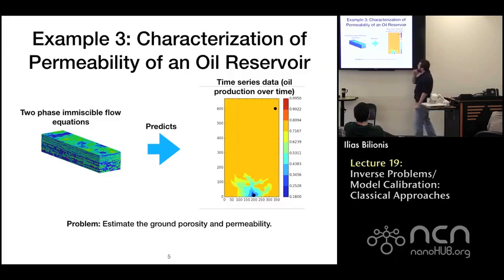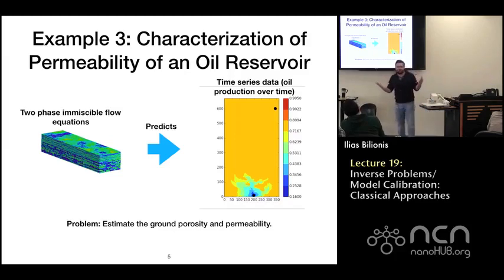So this is another example of an inverse problem. Let's say you have an oil reservoir, and you're operating the oil reservoir for like a year. It's in the second stage of production. You have an injection well here and a production well there.